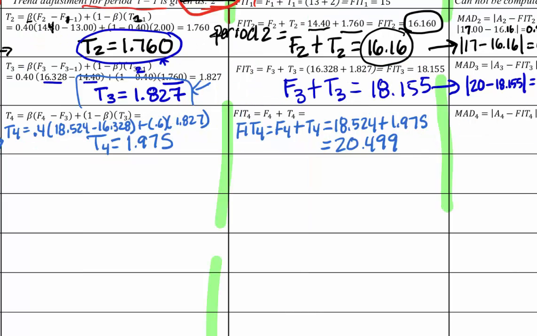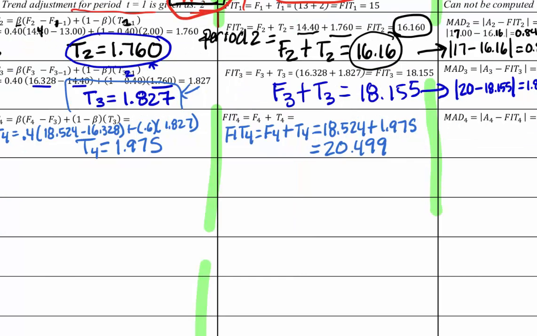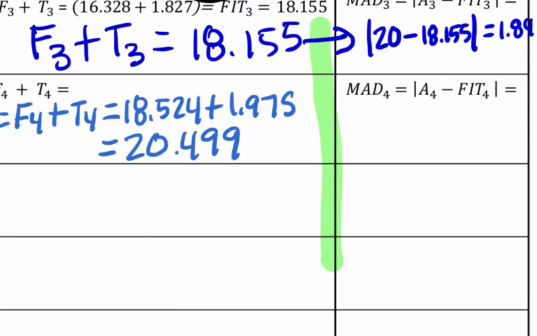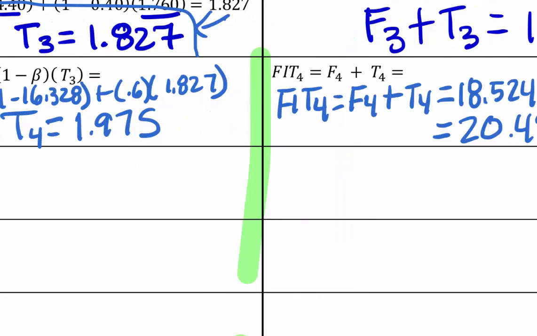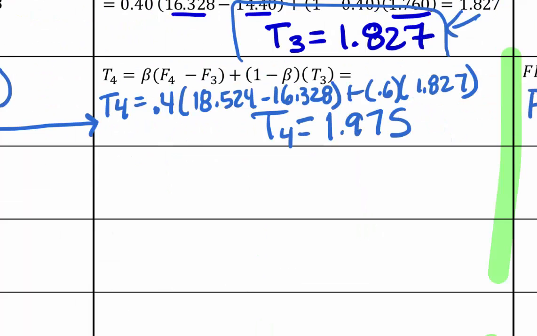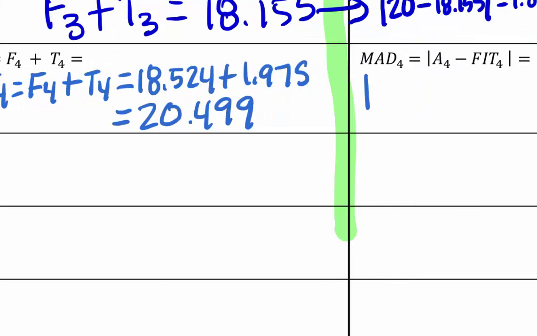And then we do the same thing over here for our MAD. Absolute value of A of 4, which I don't remember what it was here, A of 4, 19 minus 20.499, and because it's absolute value we don't have a negative. Instead we have 1.499 is our MAD for period 4. Those are absolute value signs.